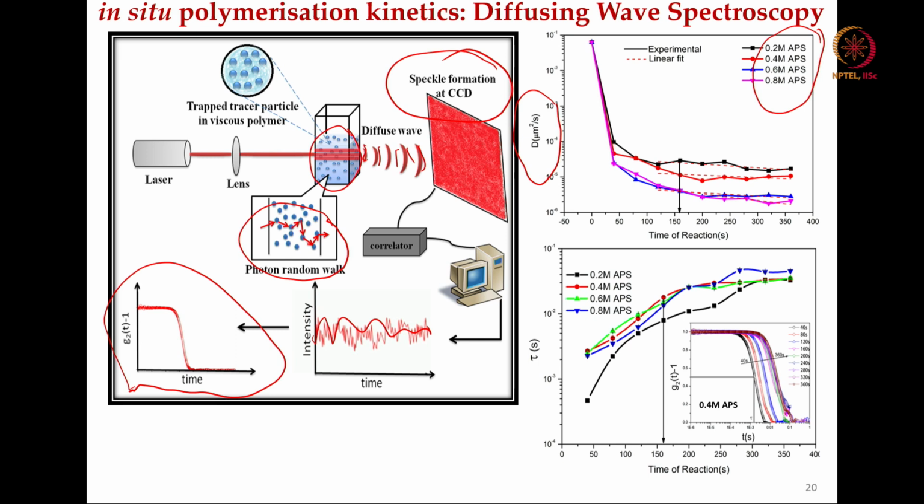We have used the linear fit of the experimental data. The experimental data is this one, the bold line, and the dotted line is a linear fit, and we find that the diffusivity is somewhere between 10 to the power minus 6 and 10 to the power minus 4 micrometer square per second. So, it is very, very low.